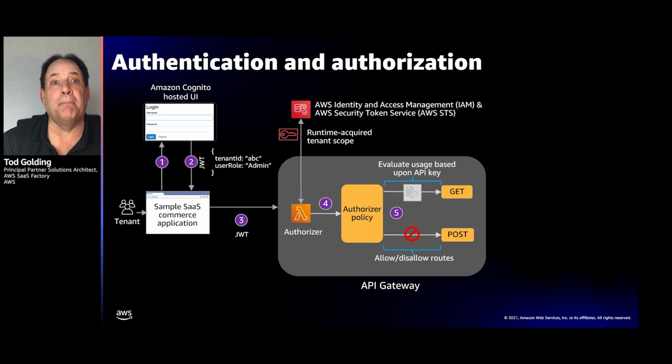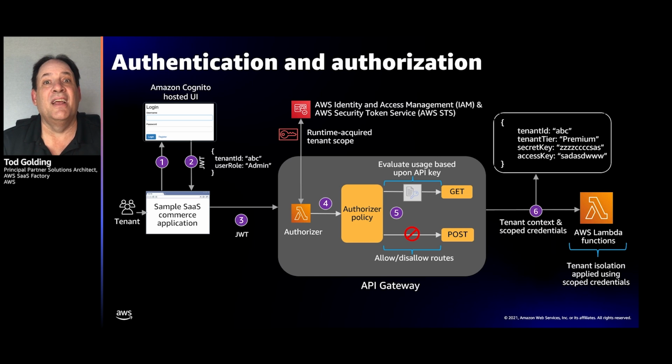So I can actually block routes and disable routes in real time as part of your request. But as soon as you get through that authorization experience and go over to the Lambda function, which is where your microservice lives, the credentials that were resolved as part of the authorizer go over with you. Now your microservice can use those credentials as part of your overall isolation scheme.